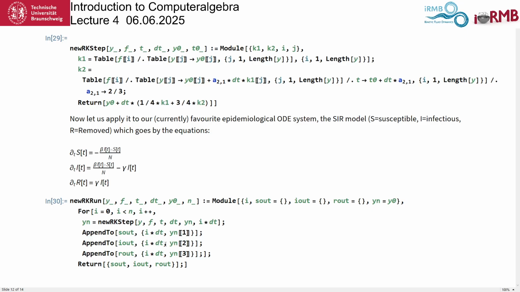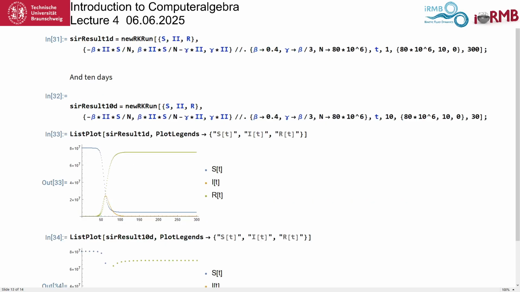We still give the equation in here, but we have 3 different outputs, and this is a list where we append the new result together with, so the first entry is the time, I times dt, and the second is the output, and then we'll give 3 different equations. And we put our equations here.